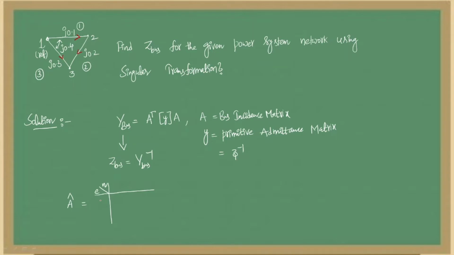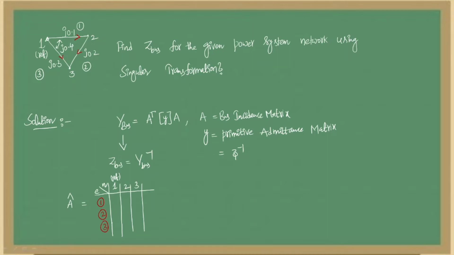Hence I am assuming the elements as first, second and third element. What are the nodes that we have? The nodes are 1, 2 and 3, so I need to consider them as columns, and 1 is the reference bus or reference node.